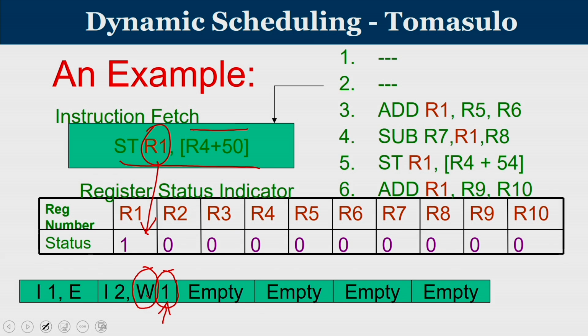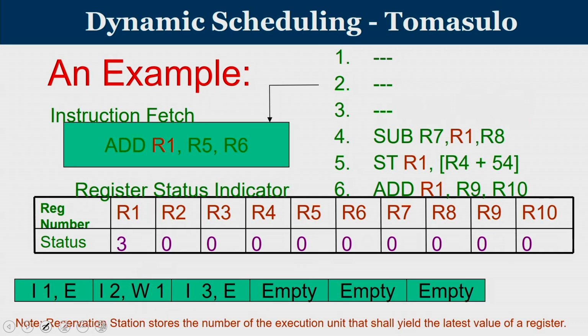Now let us try to see what is the third instruction. If you look at the third instruction, R5 and R6 are the two operands. If you look at the RSI value, the operands are available. I can perform the operation and I will write the result into R1. So looking at the third instruction, R5, R6 are the source operands and RSI value tells that RSI equal to 0.